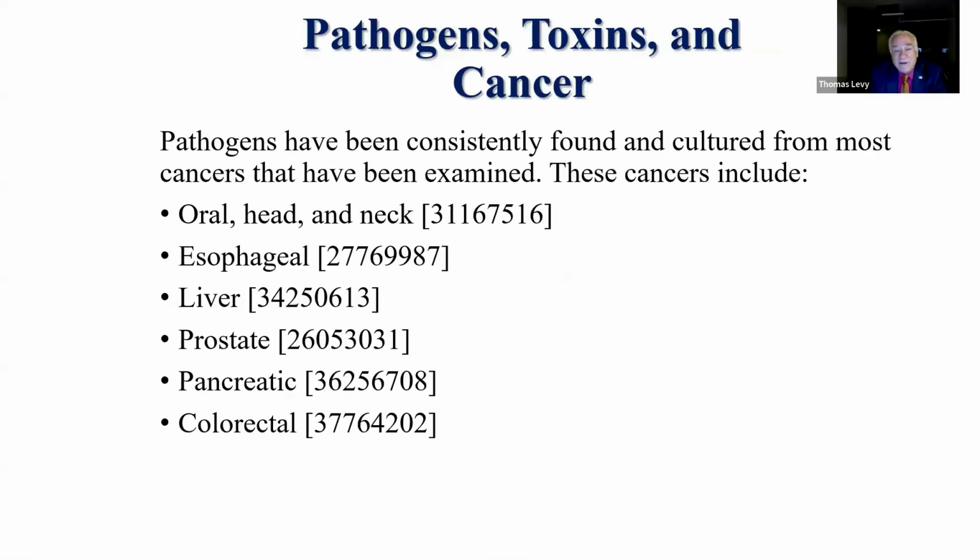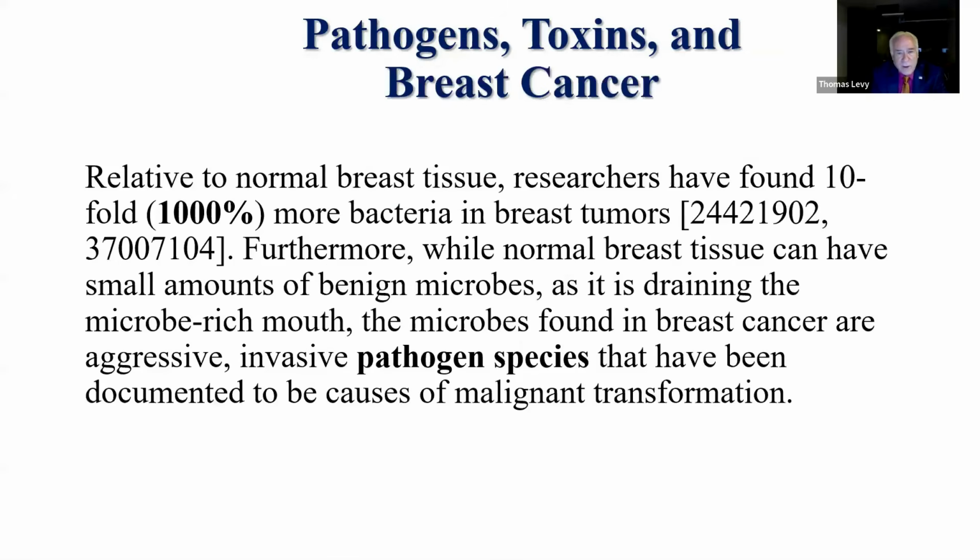Pathogens have been consistently found in culture from these cancers: oral, head and neck, esophageal, liver, prostate, pancreatic, colorectal. In normal breast tissue, researchers have found tenfold, 1,000% more bacteria in breast tumors relative to breast. So I misstated that. Relative to a normal breast, in breast tumors, there's 1,000% more bacteria present.